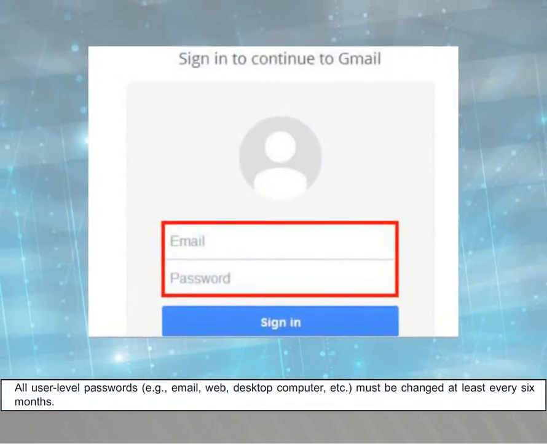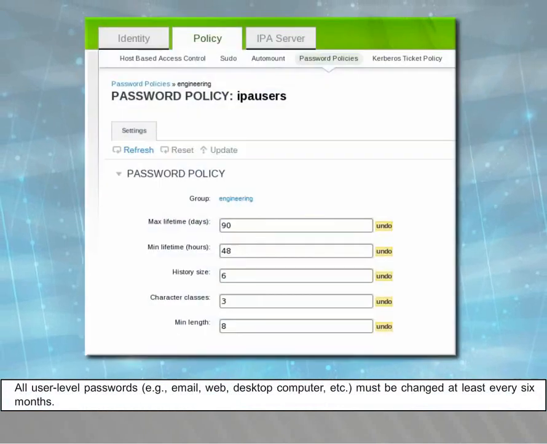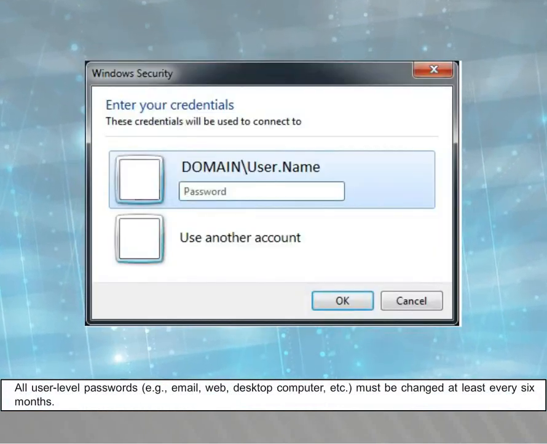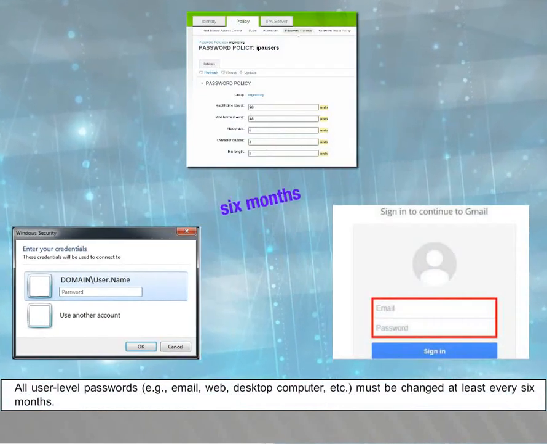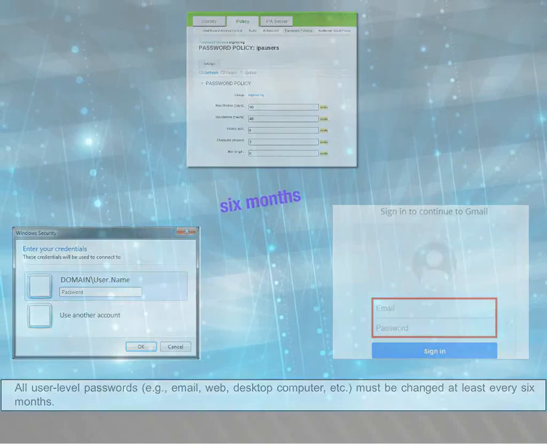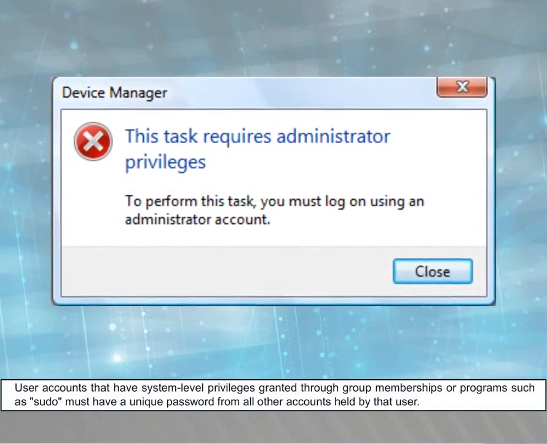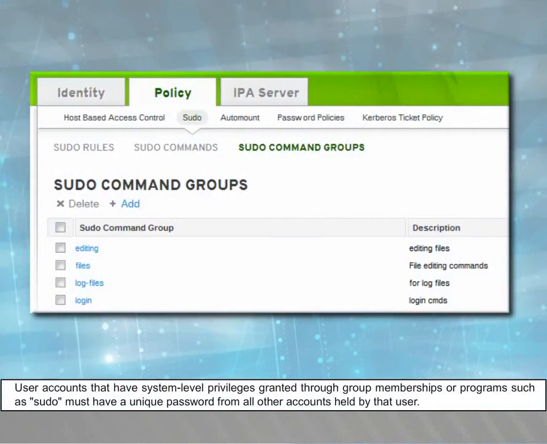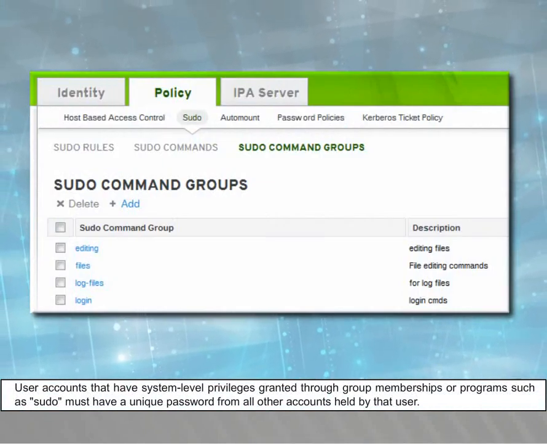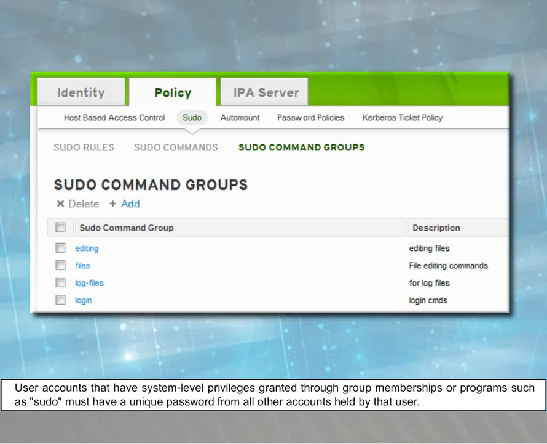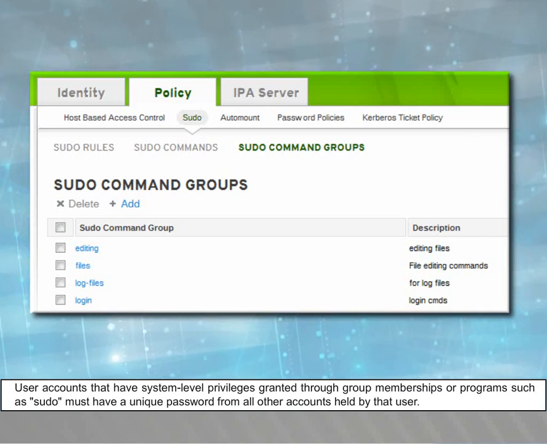All user-level passwords, for example email, web, desktop computer, etc., must be changed at least every 6 months. User accounts that have system-level privileges granted through group memberships or programs such as sudo must have a unique password from all other accounts held by that user.